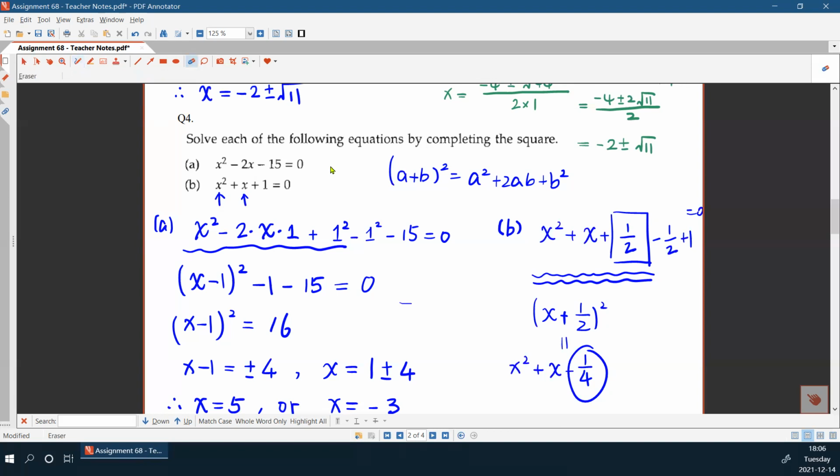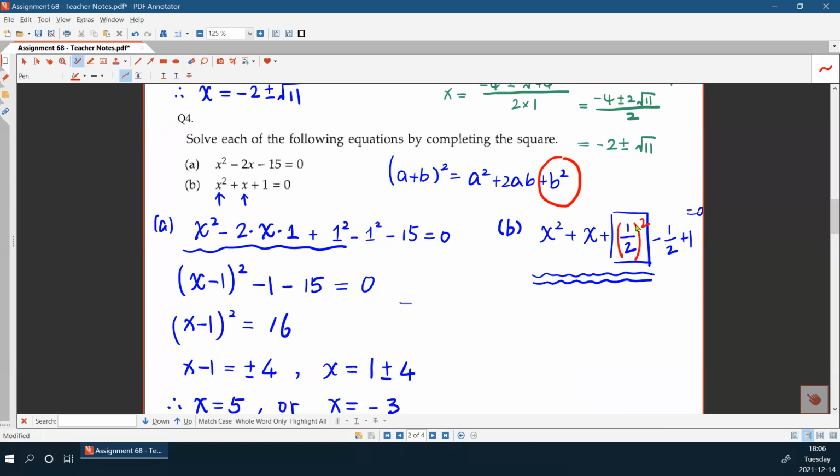Yes. So what number should you put here? You should put 1/2 squared, right? Because we need b squared. Remember that this term is b squared, not b, right? Yes.